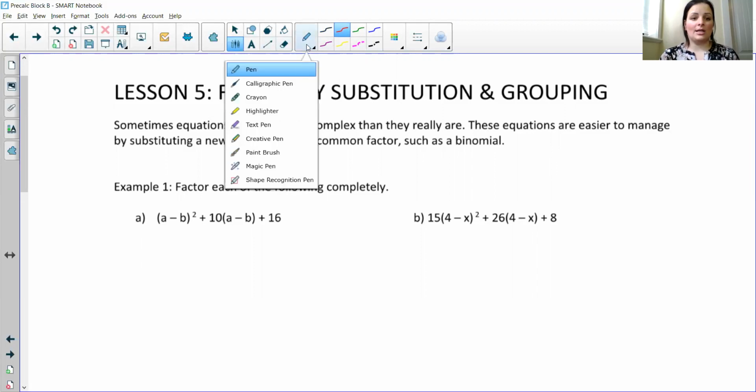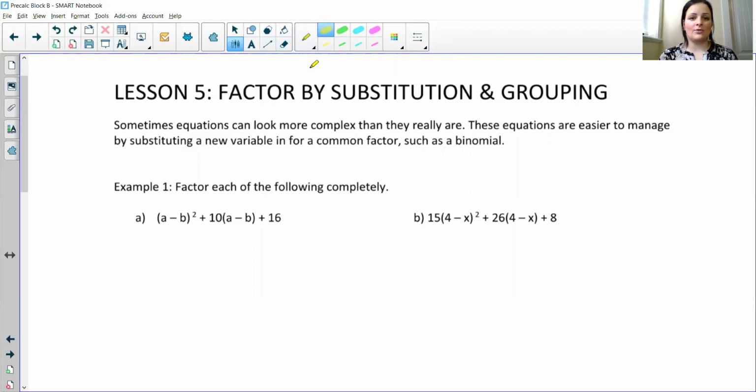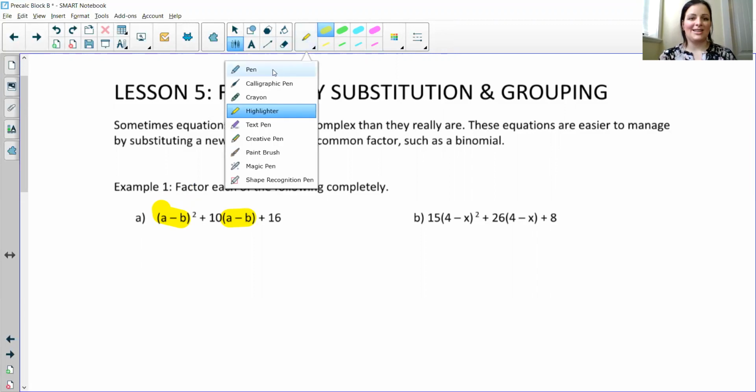So if you look at example 1, we have some freakish looking things, and it looks like A minus B. And it looks very intimidating to factor by decomp or box method in this state.